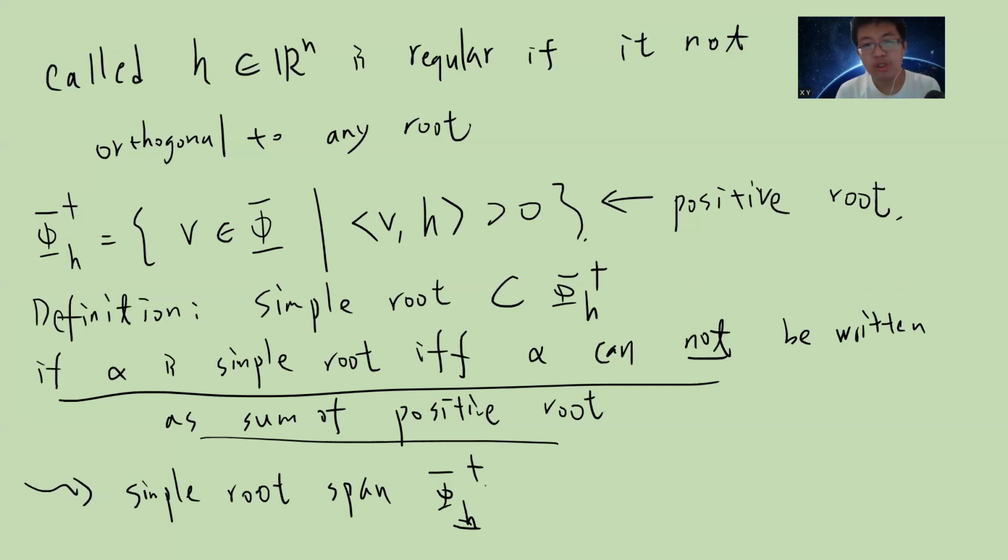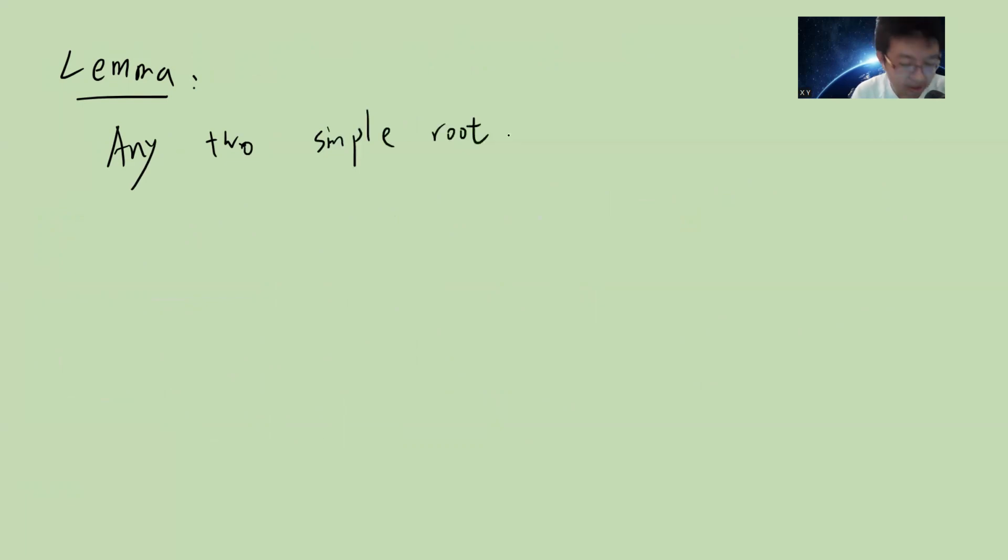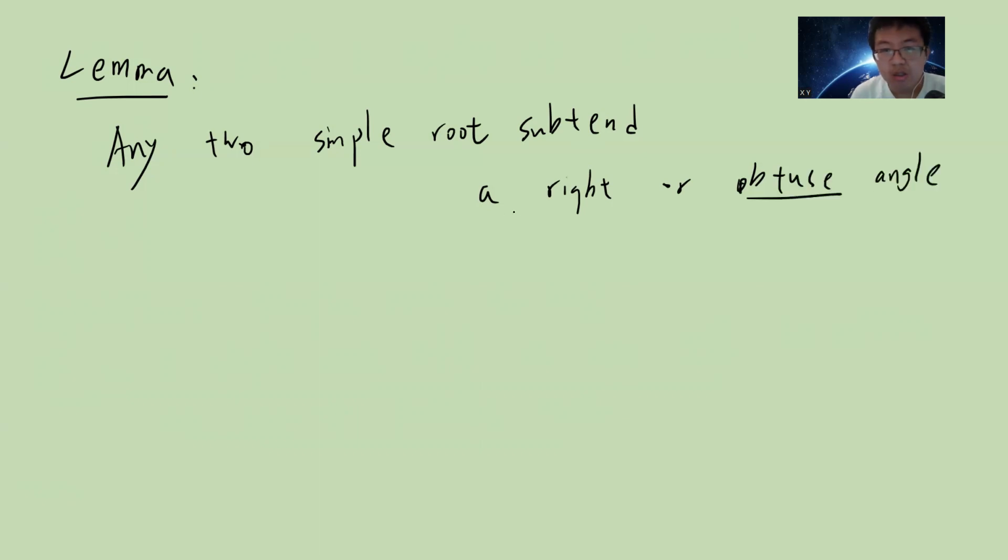So this is still not as important. The important one is the next. So, lemma: this lemma tells you that any two simple roots subtend a right or obtuse angle. Simply speaking, you take any two simple roots, alpha and beta, and their inner product must be equal to 0 or less than 0.